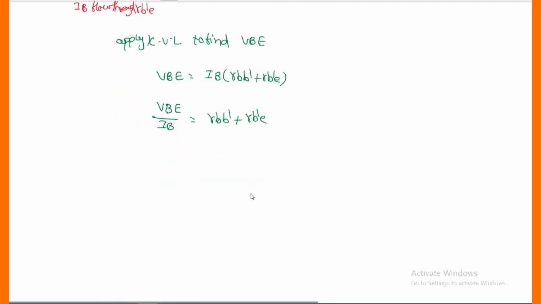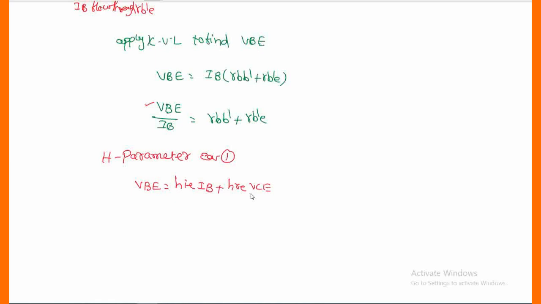Now in order to solve further, we verify the numerator of the left side equation, which is VBE. For this we take H parameter equation 1, which represents VBE is equal to HIE·IB plus HRE·VCE.